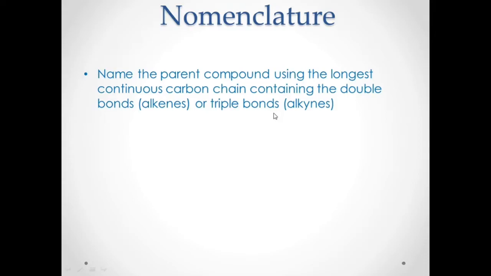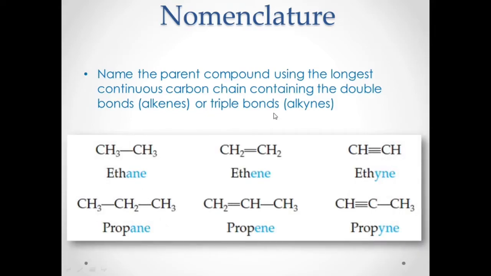Just like for naming alkanes, you should also determine the parent compound which contains the longest continuous carbon chain. For example, if you have two carbons in the continuous carbon chain, that would be ethane. That is for alkane. But for alkene, we should replace the three-letter ending, -ane, with -ene, so that we distinguish that this parent compound contains the double bond, which is an alkene.